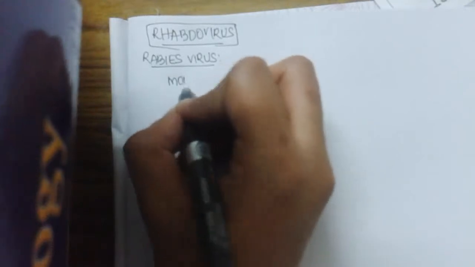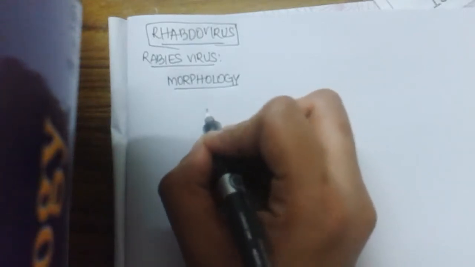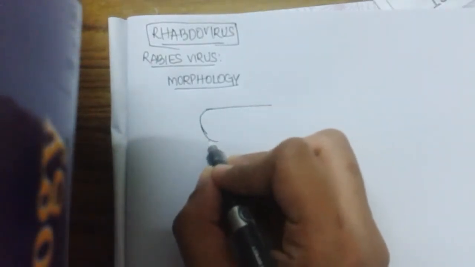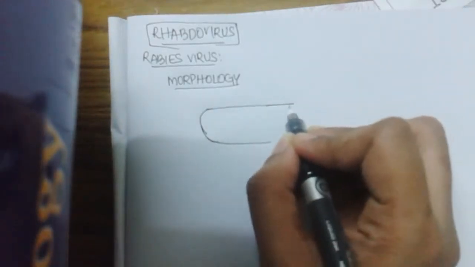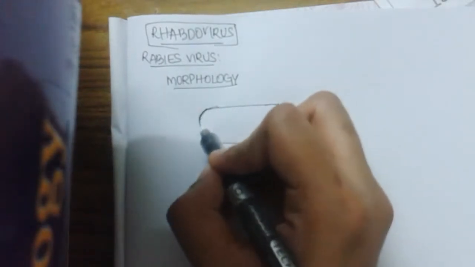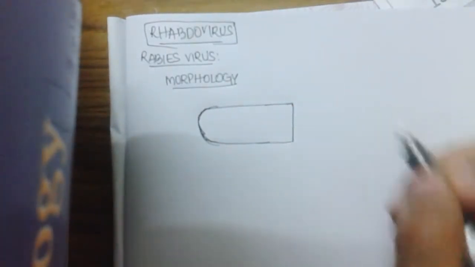So for this, in viruses you will learn about morphology. Here the rabies virus is a bullet shaped virus. It will be somewhat like a perfect bullet, with one end rounded and the other end planar or sometimes concave.